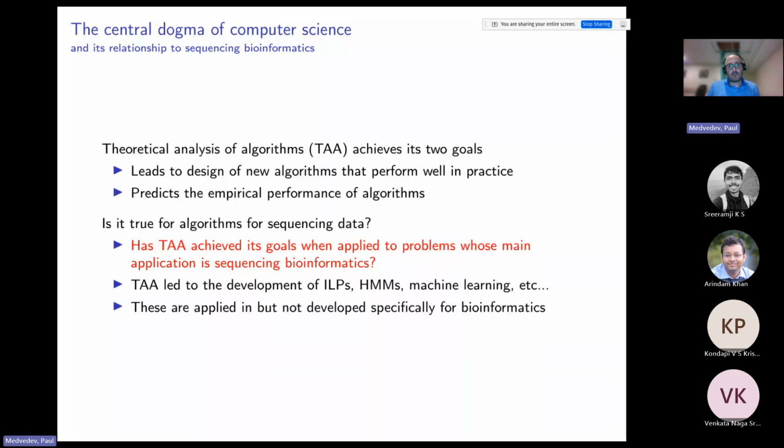So the motivating question for this work is whether theoretical analysis of algorithms has achieved its two goals when applied to sequencing bioinformatics.